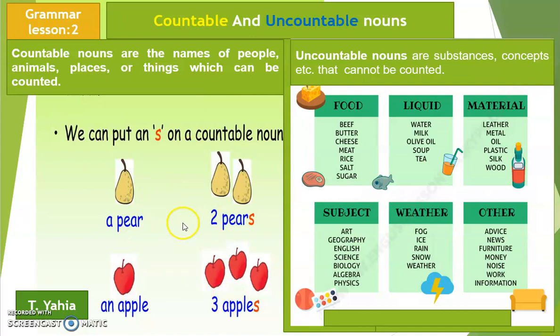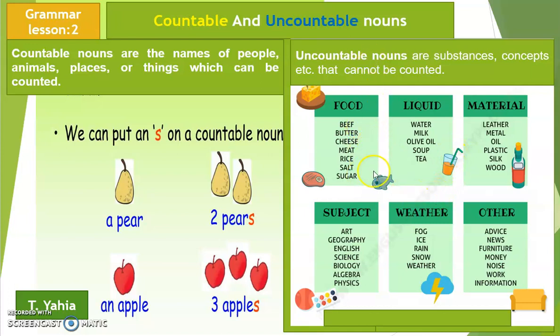So these are the names of things. As we mentioned above in the definitions, the countable noun can be people, animals, places, and things.